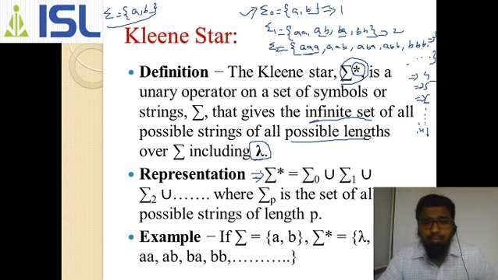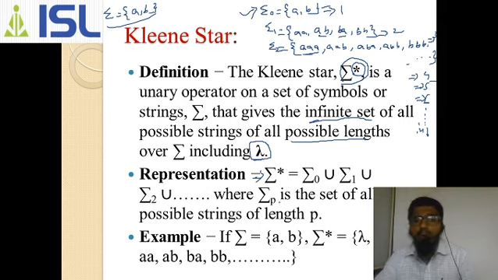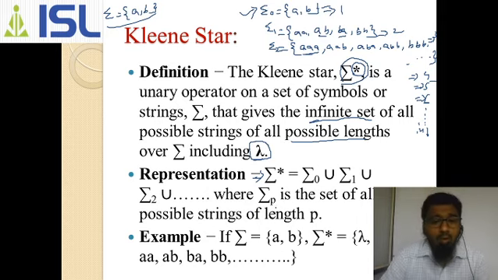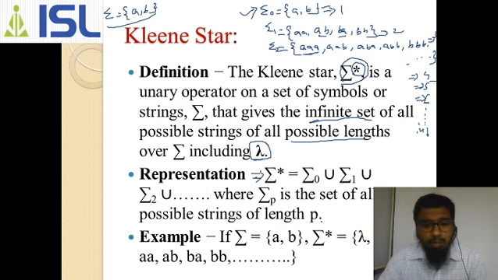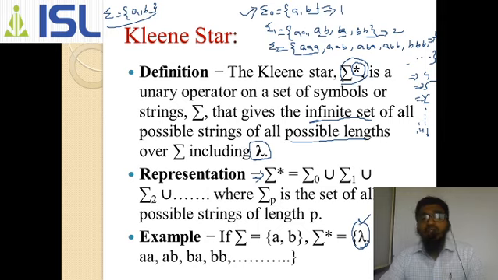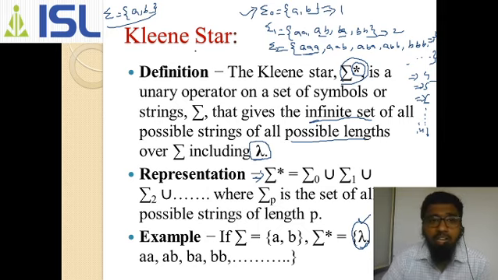And here sigma p is a set of all possible strings of length p. So for example, if sigma is equal to ab, sigma star should include the empty string, because if the empty string is there, this will represent it. If we have something in our sigma, we can take, like, c.